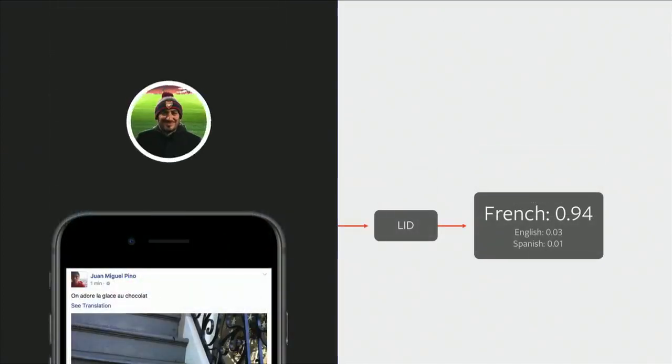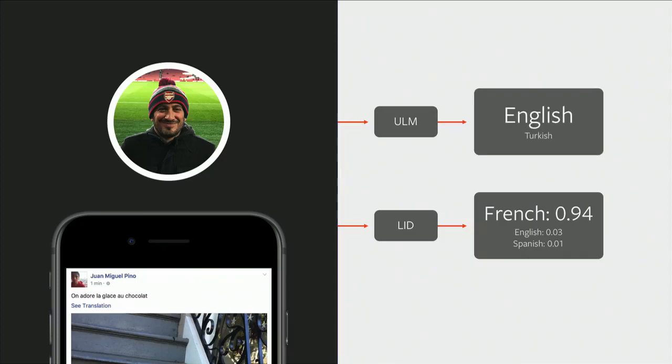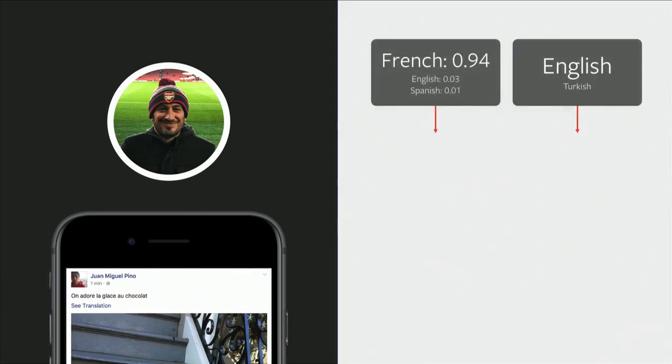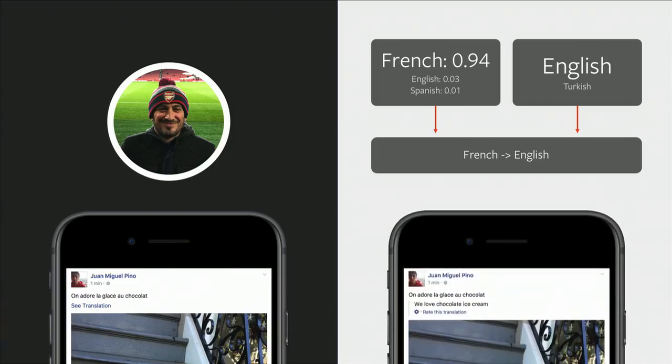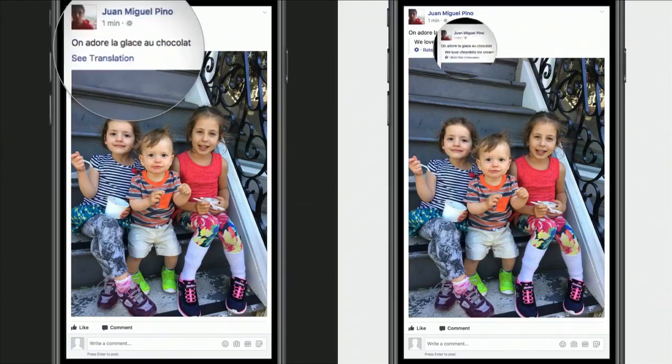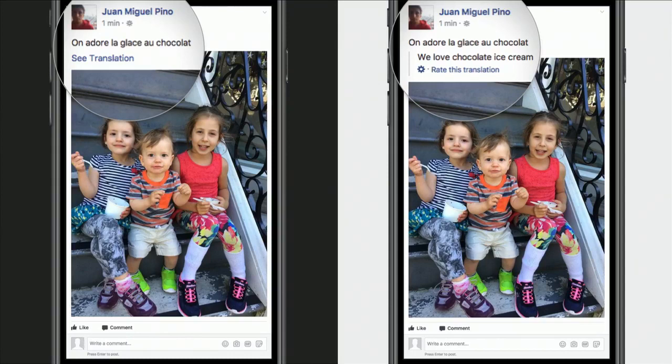We also detect the languages that the viewer understands or speaks, in this case English and Turkish, but more importantly, not French. Because of this mismatch, we call our French to English translation system, and we provide a translation, hopefully a good one. By doing this, we hope that we've created a more meaningful connection, a more meaningful interaction between the viewer and the content.